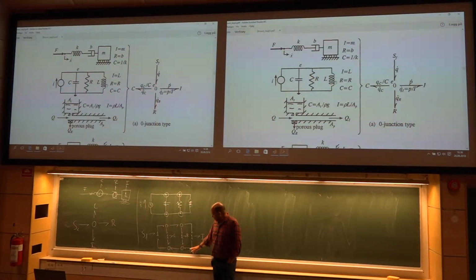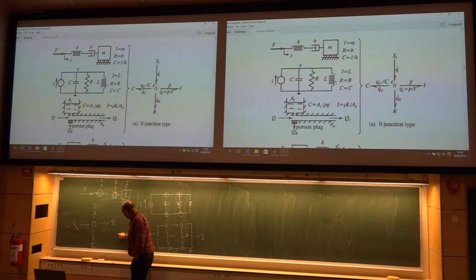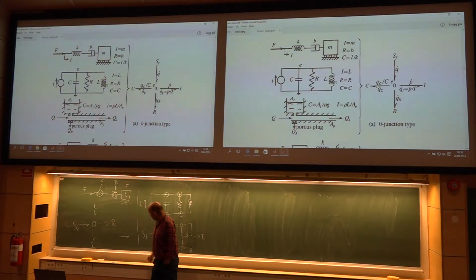So if this one is ground, meaning zero voltage, then what is the power through these bonds here? Well, remember the power bond here.